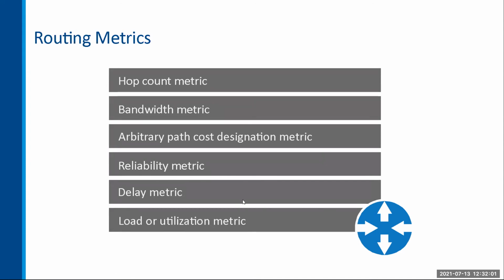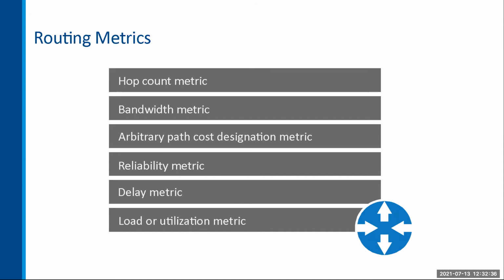And with RIP, it would take into account the hop count metric, for OSPF bandwidth. And for EIGRP, you can determine what you're using for that, such as any arbitrary path costs that you make up. It's your network, you get to do what you like. You can also look at things like reliability or delays or load or utilization metrics for that. But commonly the bandwidth metric is the most efficient and effective.